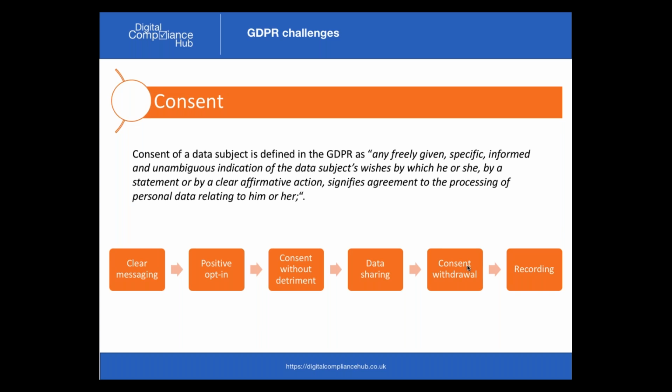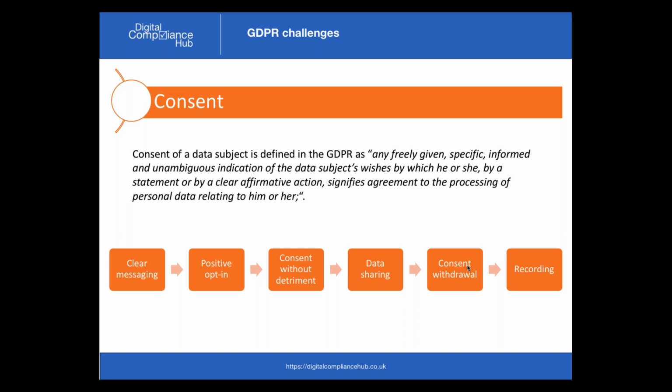You also can't use consent without detriment to a service. So what that means is that you can't say that because you're using this service, you have no choice, we will market to you. That's not allowed. You need to be clear and upfront about who you're sharing that data with.